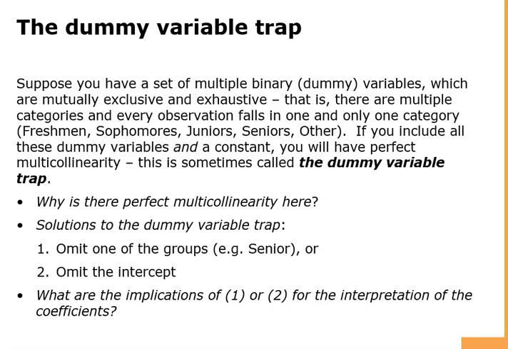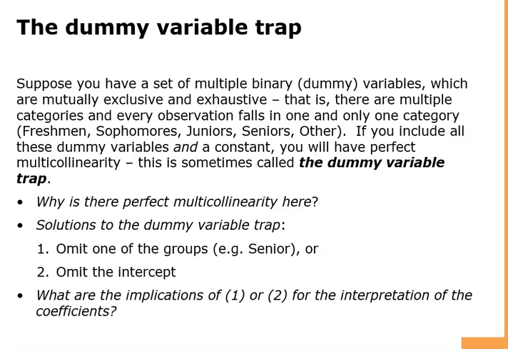So how do we resolve this issue of perfect multicollinearity? Since the linear expression freshman plus sophomore plus junior plus senior will be equal to 1, which is essentially equal to the variable which always takes the value of 1, and the estimation of that variable will actually give us the intercept, or the beta naught, you have two solutions to this dummy variable trap.